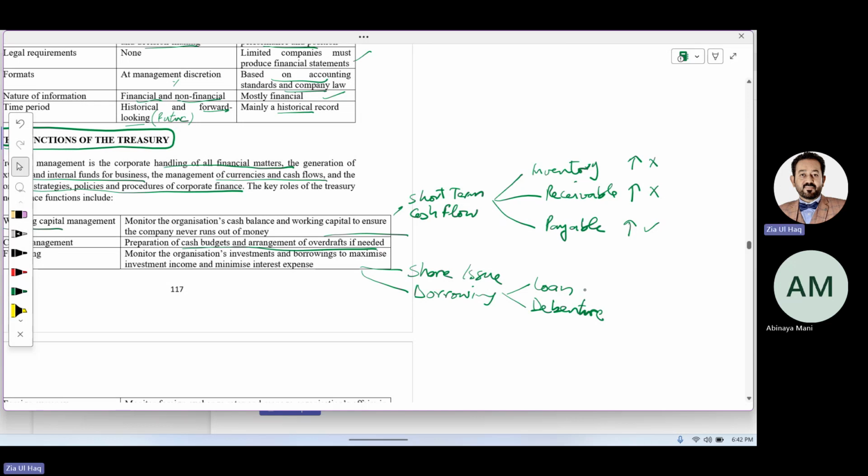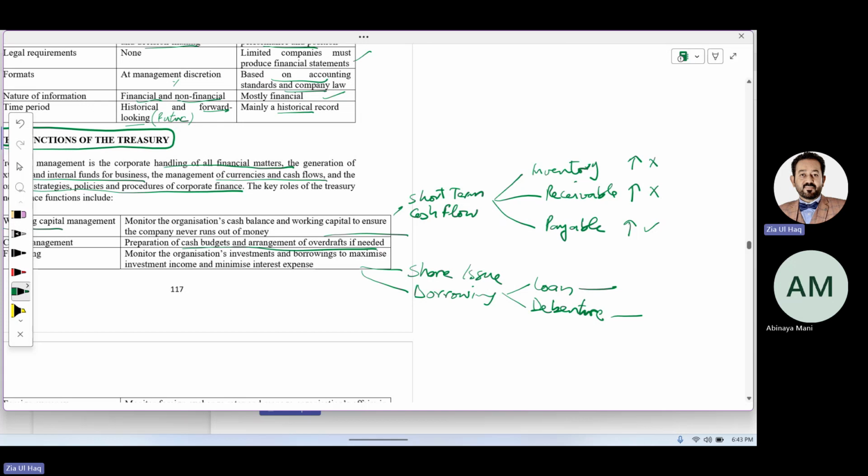What is the loan? Company have obtained an amount from the bank. That company need to pay to the bank after that given time period, either 5 years, 3 years, 1 year, or 10 years. And also company need to pay interest. What is debenture? Debenture is also a piece of paper that company have issued to different people and took the money as a loan. And issued for 3 years or 5 years, after 3 years or 5 years, people will hand back this piece of paper to the company, and company will pay their amount back.